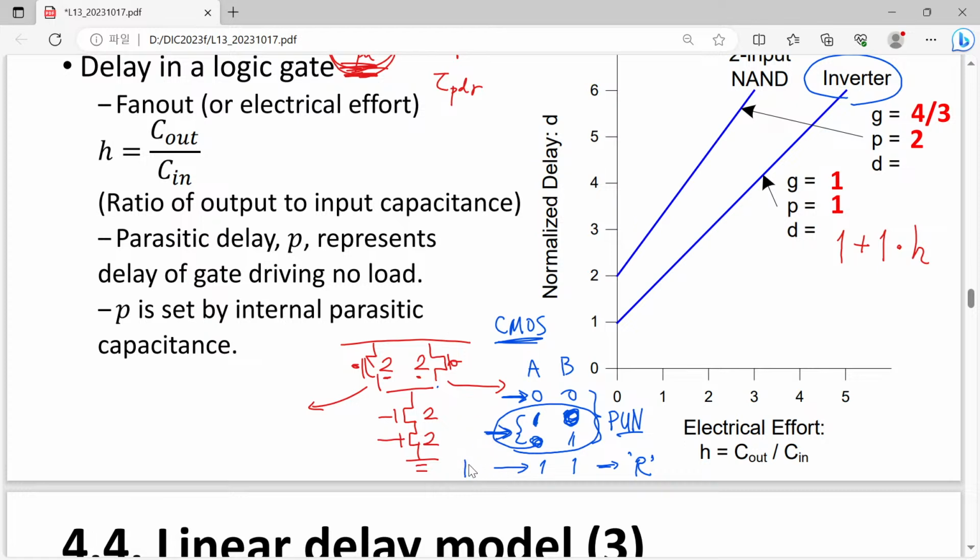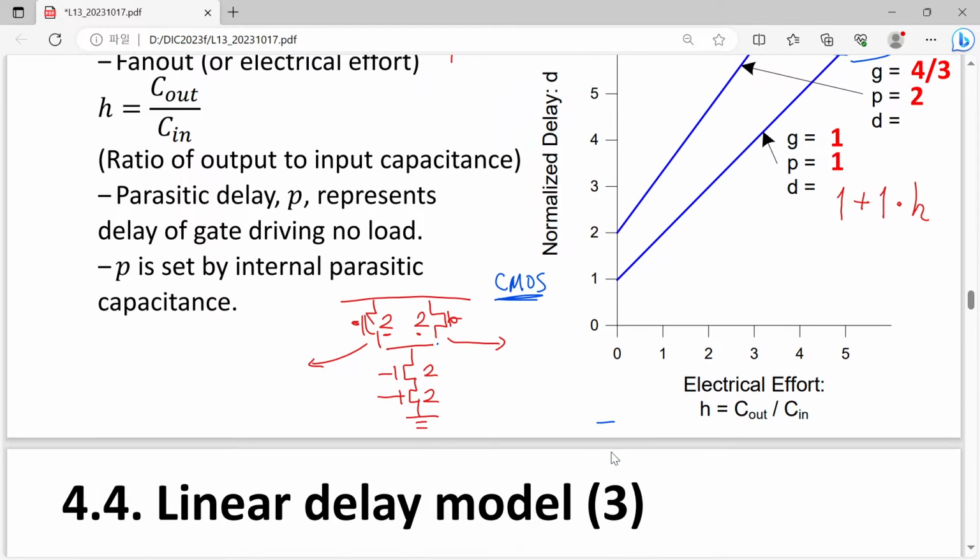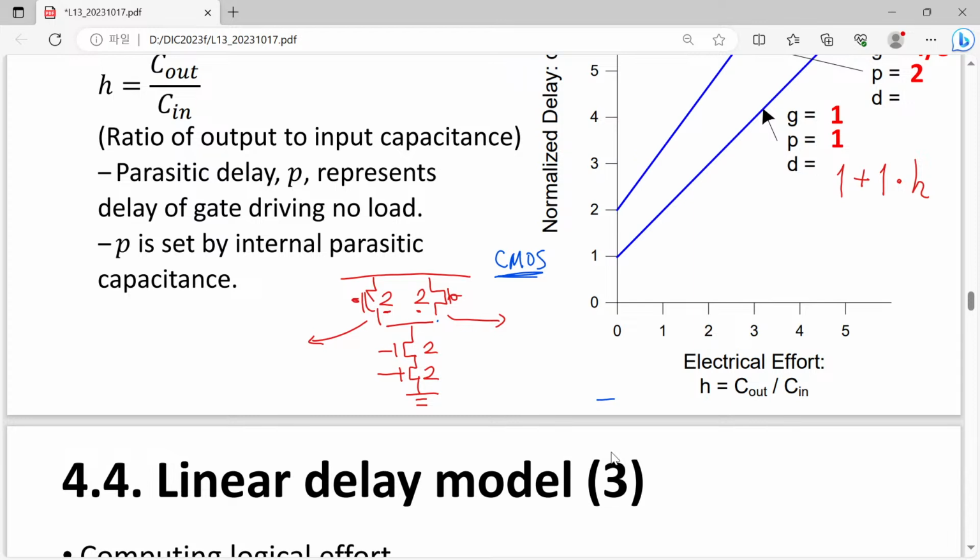So anyway, let's assume that this is the typical sizing of your transistors. Now let's try to find out first the parasitic delay, and after that the logical effort. Are you with me?